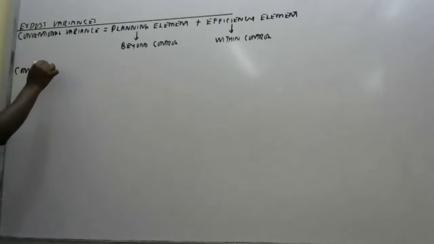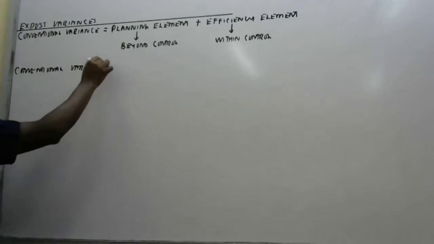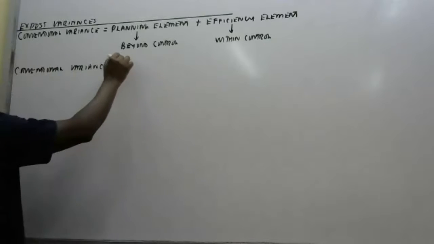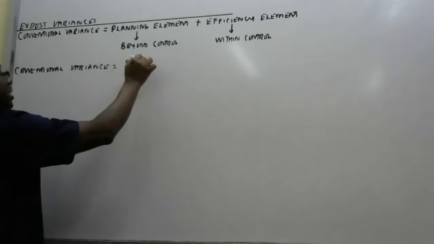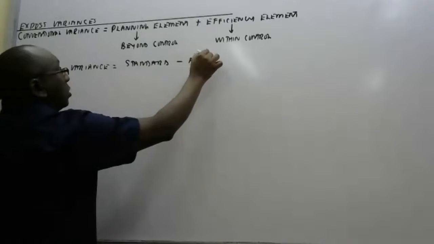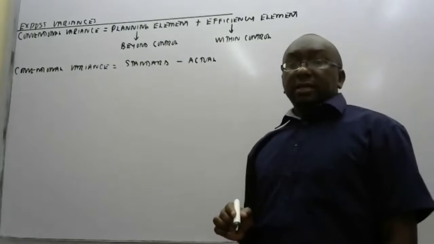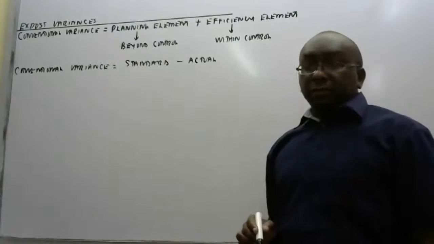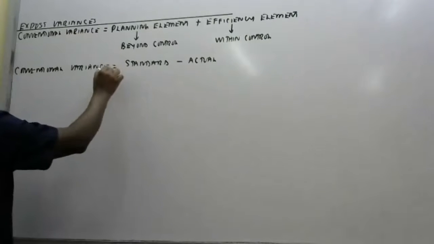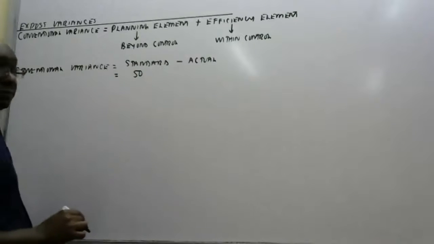Conventional variance is the variance that we have been computing all along. And if you remember, it is the standard minus actual. That is what we have been doing anytime we have come across variances.